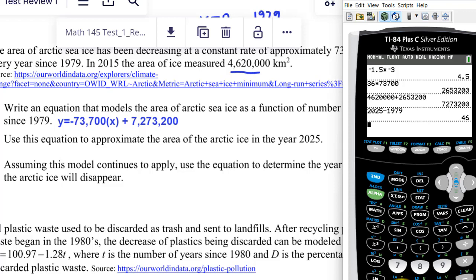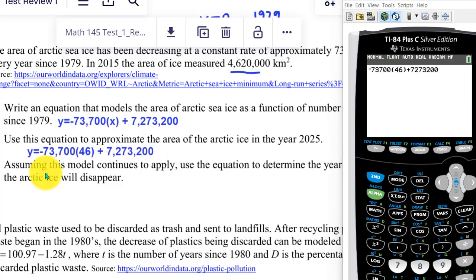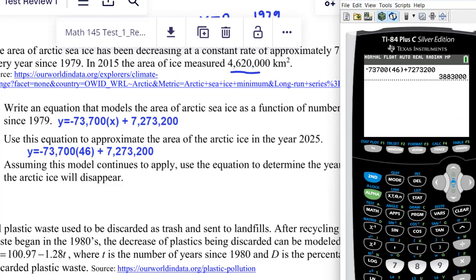So you would sub in 46 into the equation above. I'm going to substitute 46 in for x in the equation, and when I type that up, I get a big number. Looks like 3,883,000 is my answer. So we'll just write that in here.